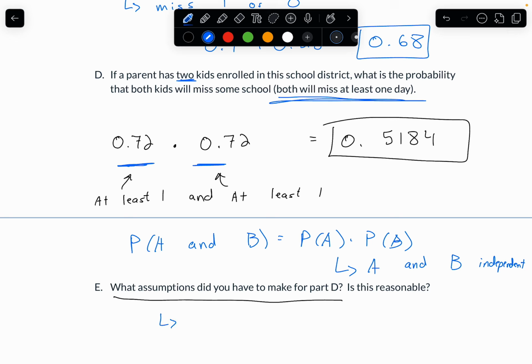So we assumed that the 2 kids getting sick, or let's say missing school, I'm thinking about missing school as getting sick, are independent. That was the assumption that we made.